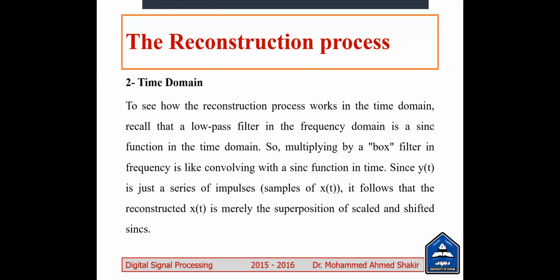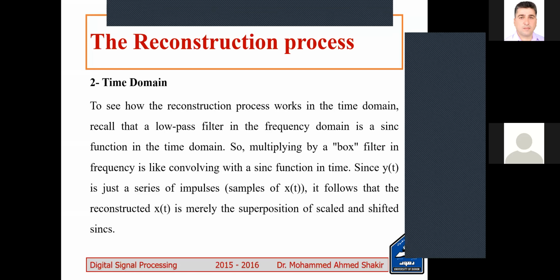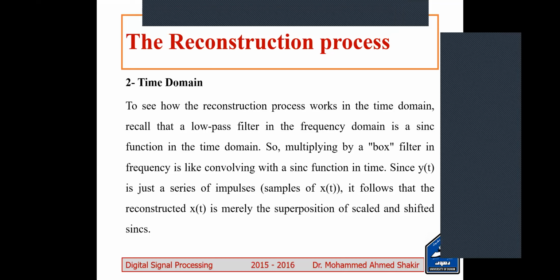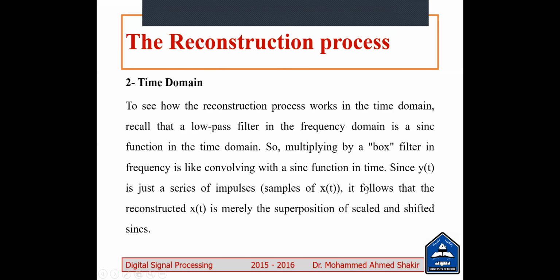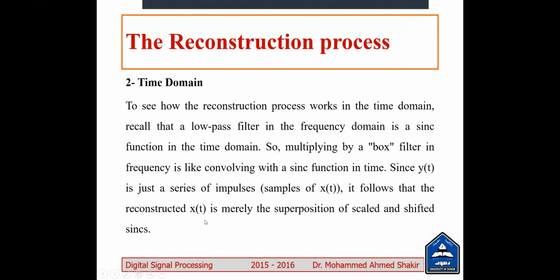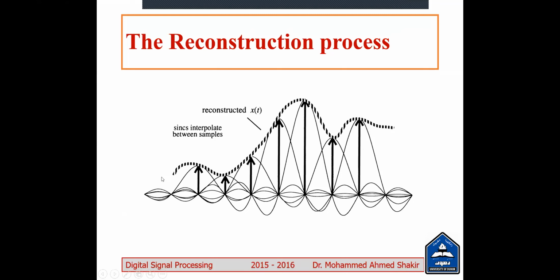So multiplying by a box filter in frequency is like convolving with a sinc in the time domain. Since y of t is just a series of impulses, samples of x of t, it follows that the reconstructed x of t is merely the superposition of scaled and shifted sincs. Here we have a sinc, this one again a sinc, and so on.